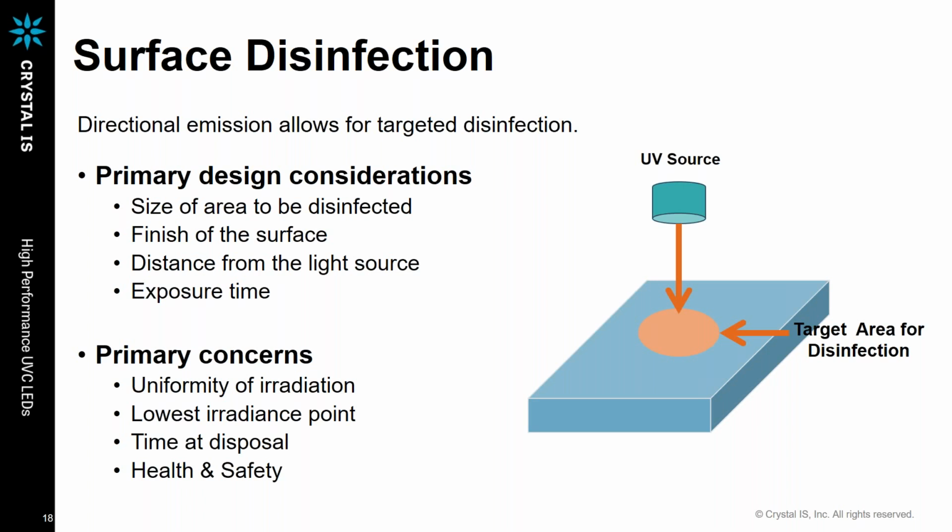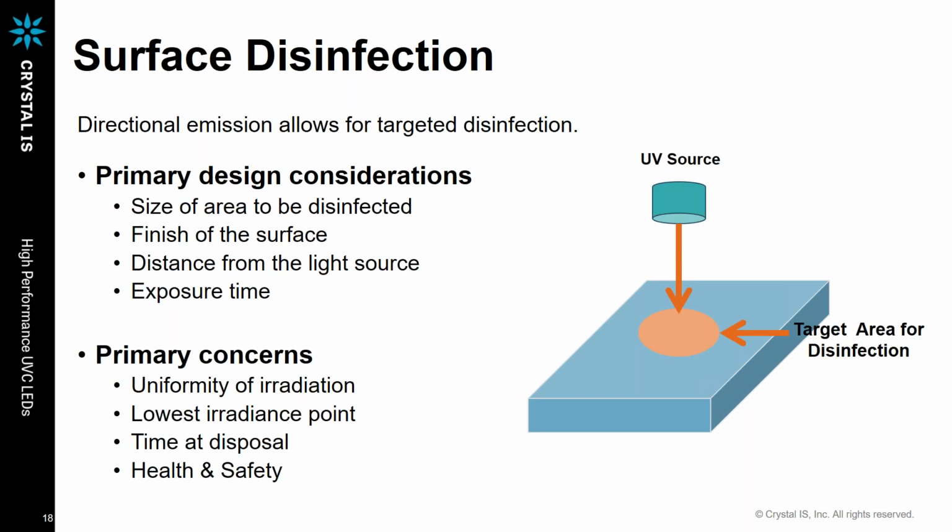Some of the things you need to really consider for your design would be the size of the area you want to disinfect. What is the finish of the surface? A classic example would be an apple surface versus a cantaloupe surface. The apple surface is pretty smooth on top. Cantaloupe has lots of nooks and crannies. So trying to disinfect a cantaloupe would be a lot trickier than an apple.